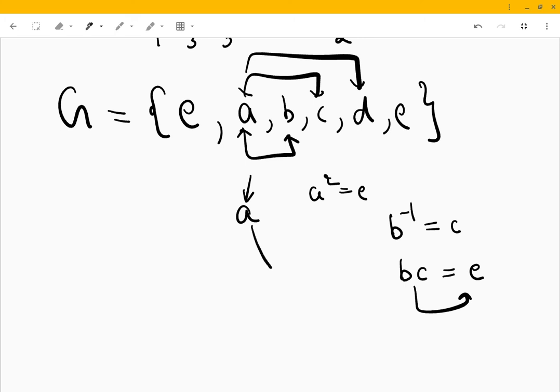However, A and B will combine to give a new element, which let's say is D, right? So this is what happens in a group. Elements either combine with each other to give other elements of the group, or they combine with each other to give identity, in which case we call them the inverse of each other, or they combine with themselves to give the identity. That means their order is 2. Right? I think enough for this.